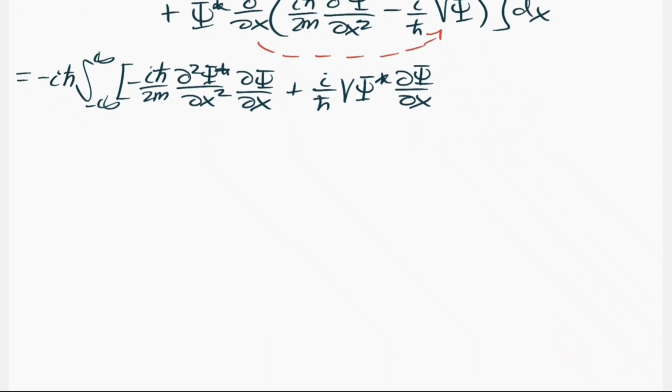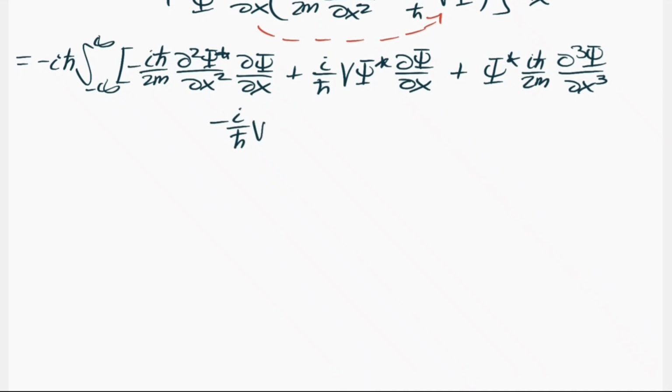Okay, and then we have plus psi star and then i h bar over 2m d cubed psi dx cubed, and then we have minus i over h bar V psi star d psi dx.